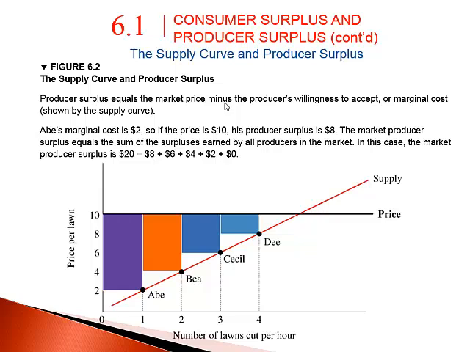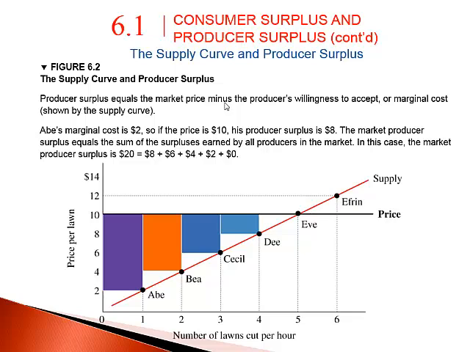So if we were going just a little bit further, we could see that Eve here is willing to only accept $10, and she gets $10. And so therefore, she gets actually no surplus. Abe here, he creates some wealth.